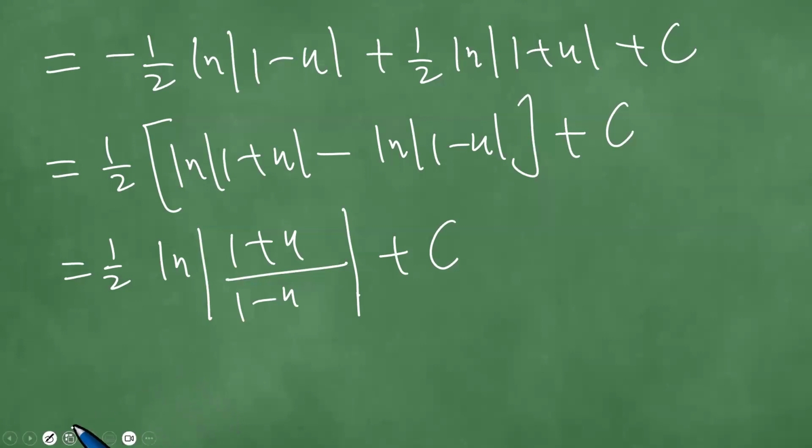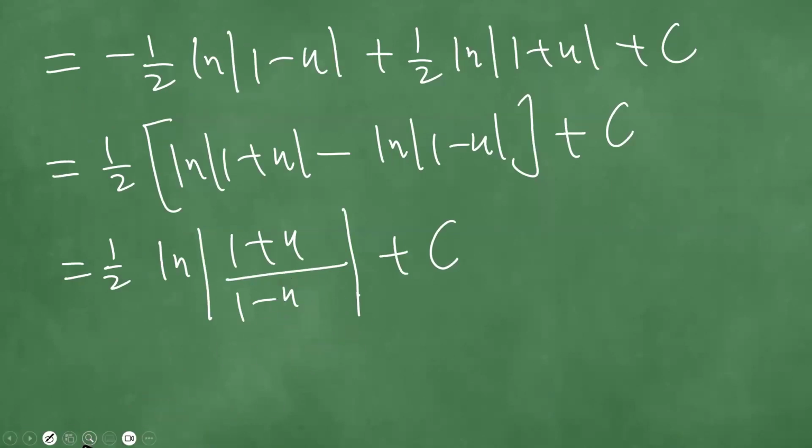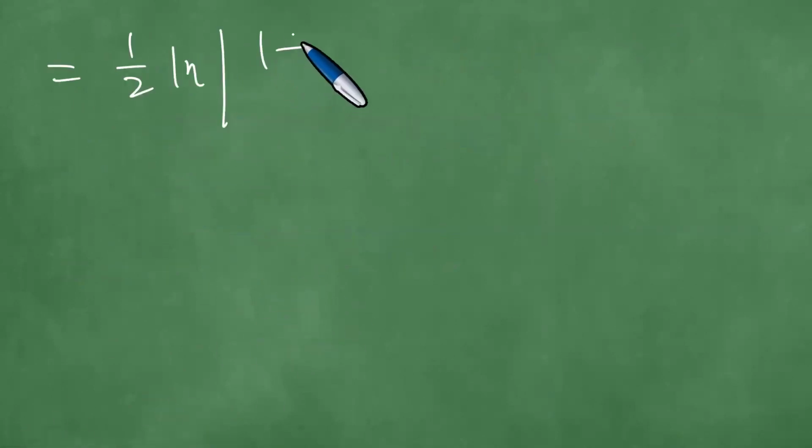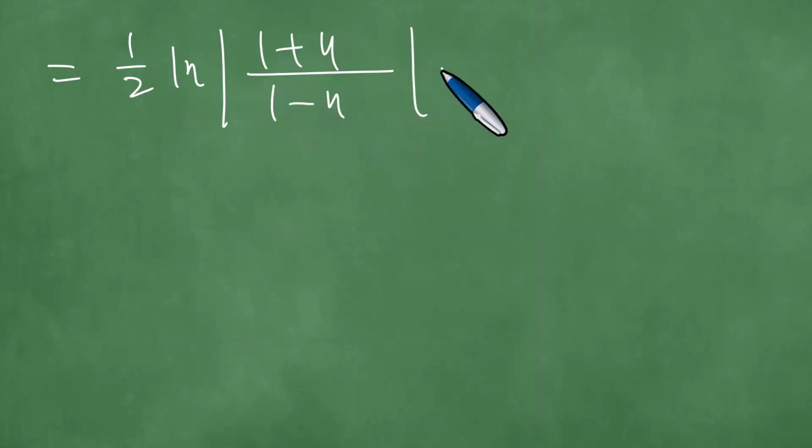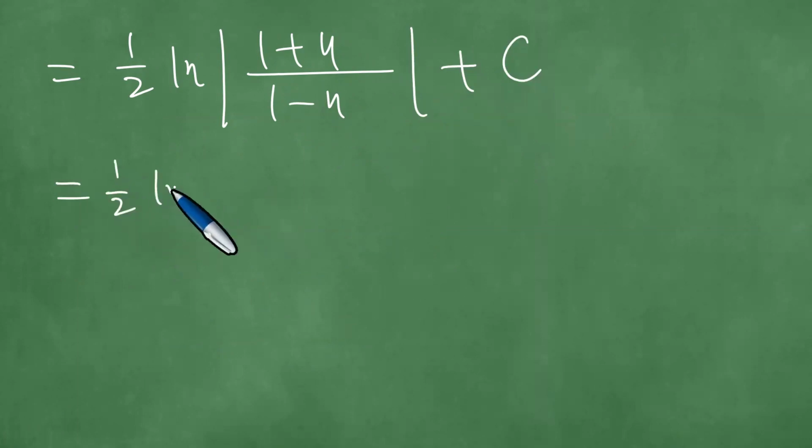What do we recall? First, let's write this step for us to even recall further. So this is the natural log of, okay, this step is 1 plus u divided by 1 minus u plus the arbitrary constant c of integration, and this is 1/2, which is 1 plus, what is the u?